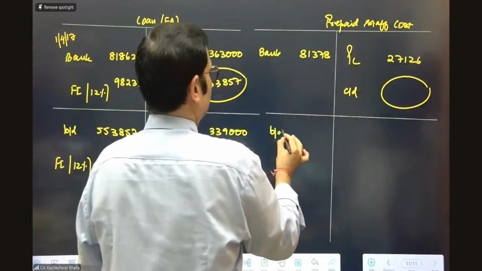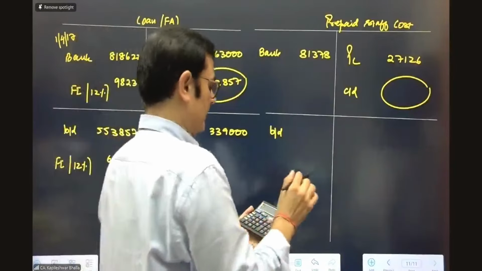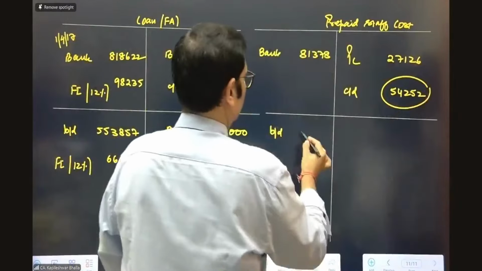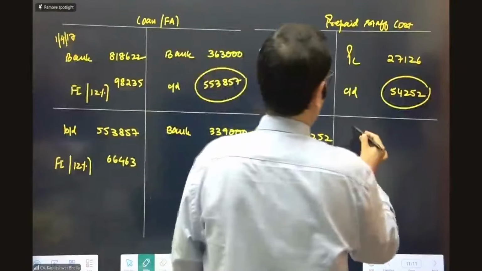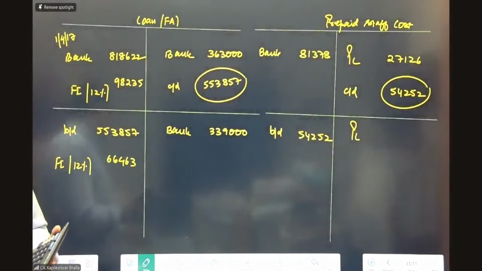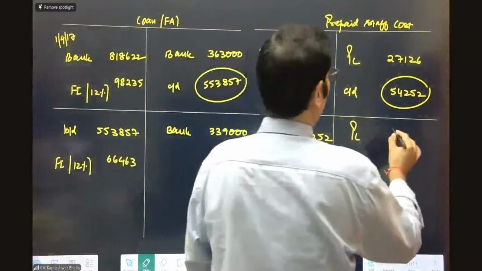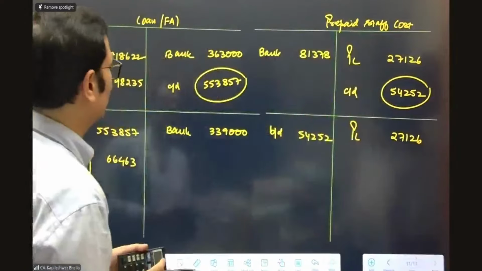We get the balance CD, balancing figure. That's 54,252. And again, consider the annual amortization in this case as well. So I guess if I take the amortization in this case, it is 27,126.